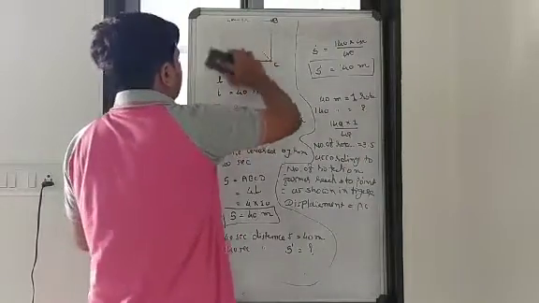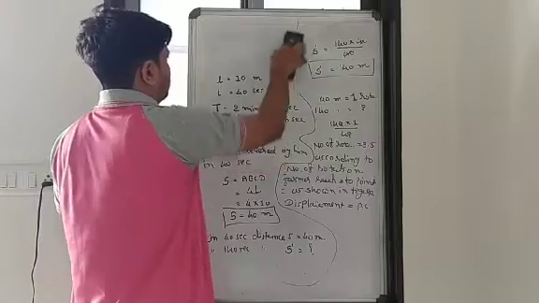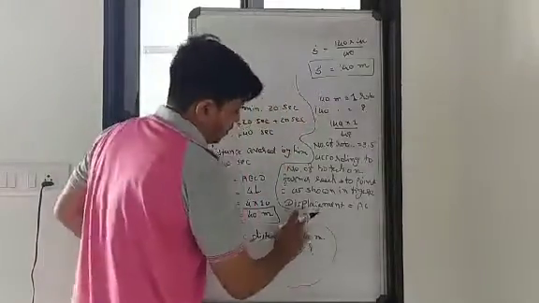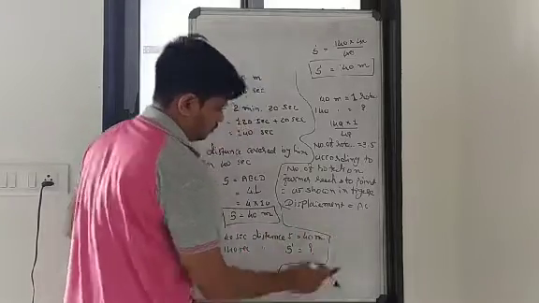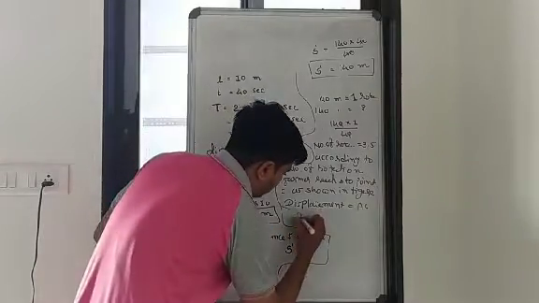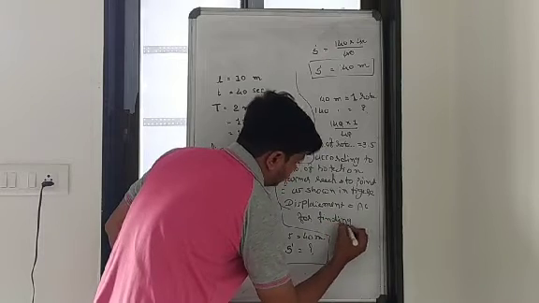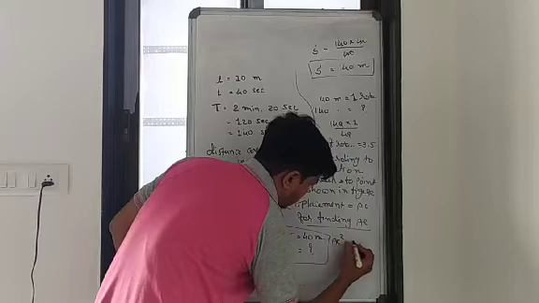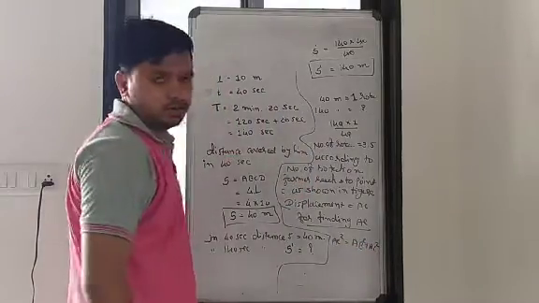So how can you use it? For finding AC, AC square is equal to AB square plus BC square.